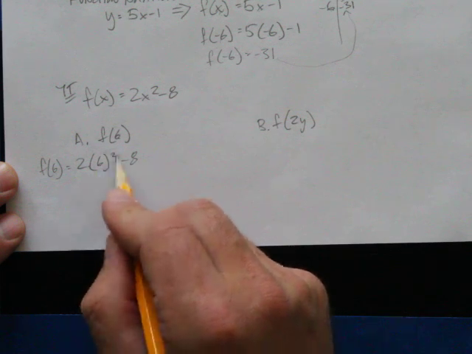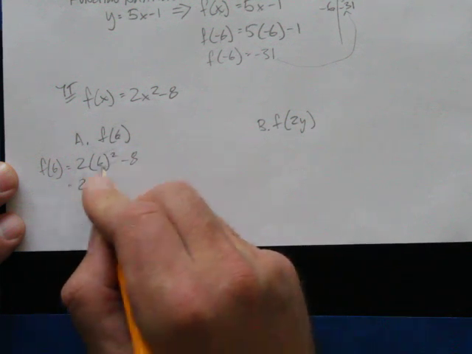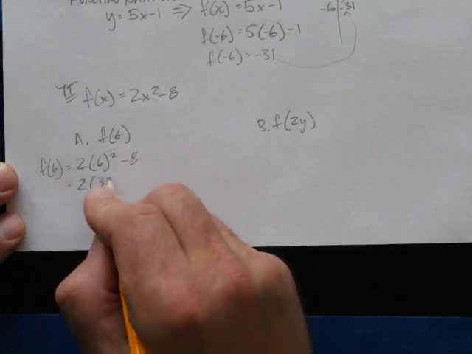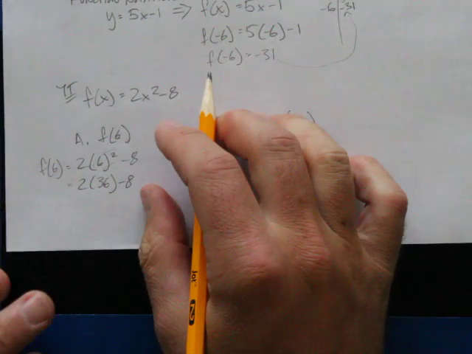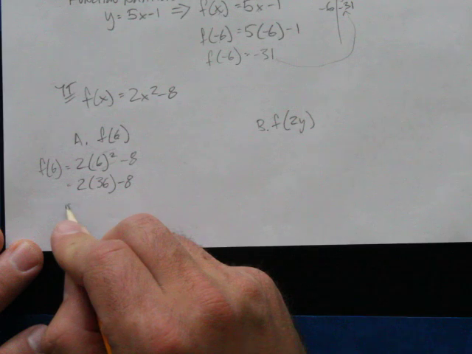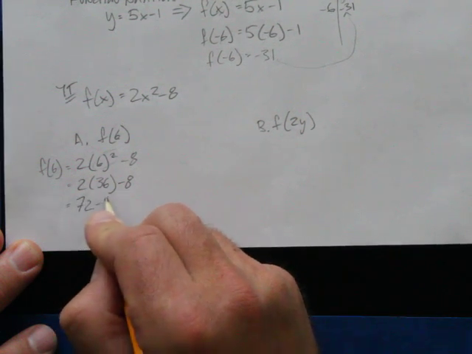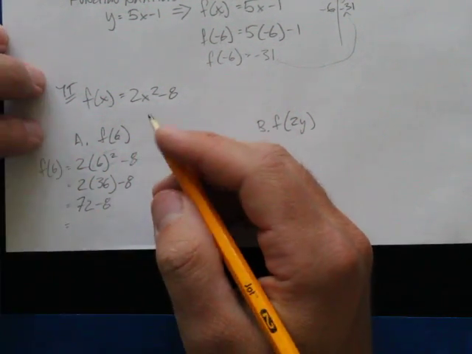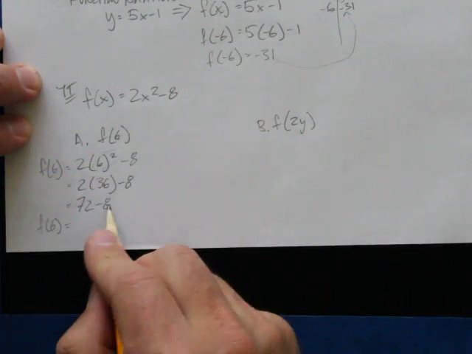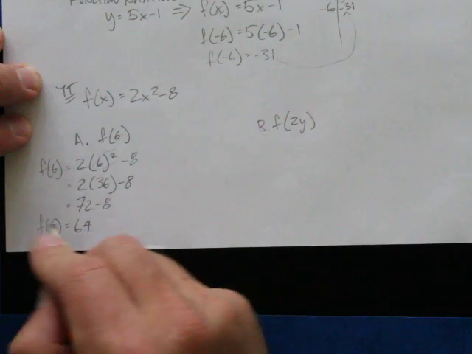So I'm doing this first. 2 times 6 squared, which is 36, minus 8. 36 times 2 is 72, so 72 minus 8. F of 6 equals 72 minus 8, which is 64.